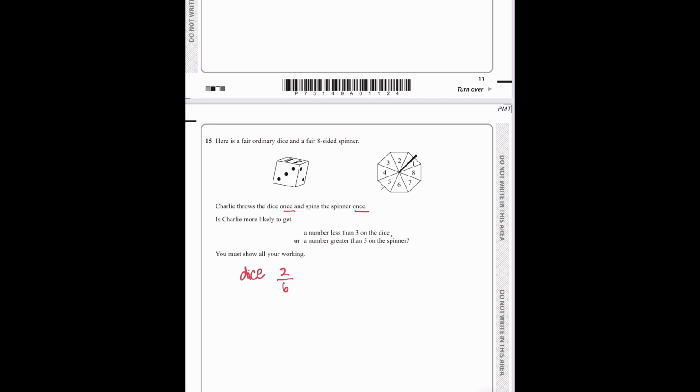For the spinner, to get a number greater than 5, so you could have 6, 7 or 8, so that's 3 out of 8 on the spinner. Now which number is bigger? So we can do a quick method here. 2 times 8 is 16, 6 times 3 is 18, so this one is bigger, so he's more likely to get it on the spinner.